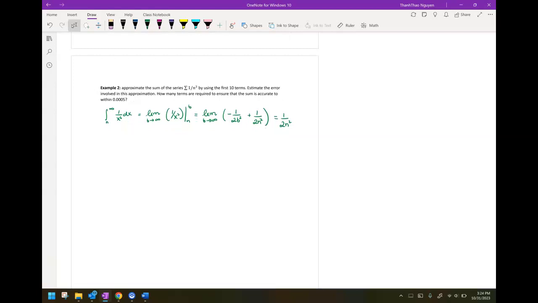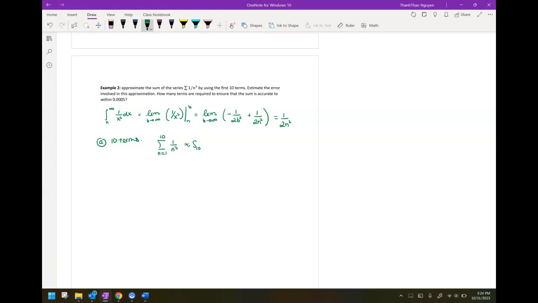Okay. So if we want to use this for the first 10 terms, then the sum from n equals 1 to 10 of 1 over n cubed approximates the sum, S sub 10.